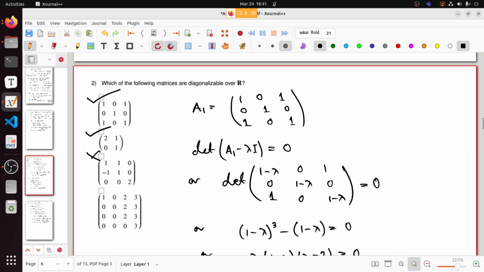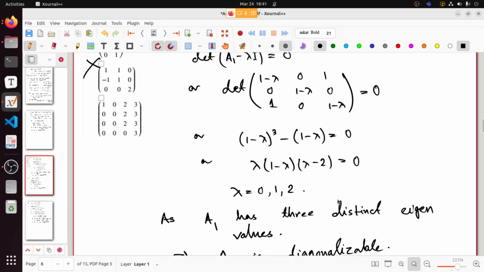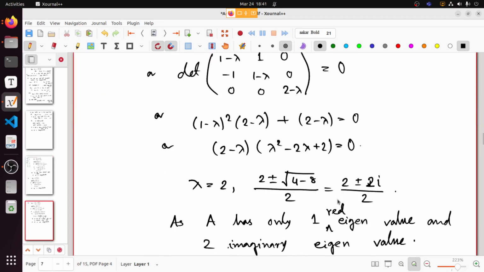Now let's check the last option. It's a 4 cross 4 matrix. But this is easy: you can check that this is an upper triangular matrix. So what will be the eigenvalues? They are the diagonal entries, and all the diagonal entries are distinct, so it will be diagonalizable, right?